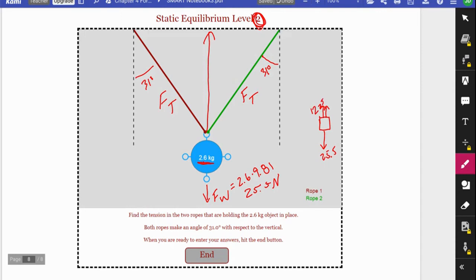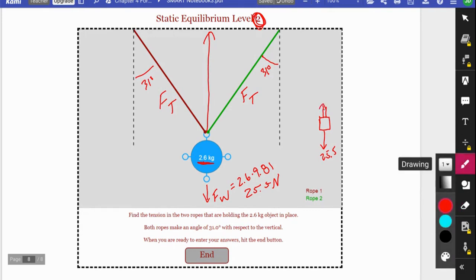So there are 2 of them that are identical to each other. I didn't really write that well, so let me try again. Again, there are 2 arrows, one from each rope, each one of them is 12.25. Okay, and then that would add up to, again, 25.5.